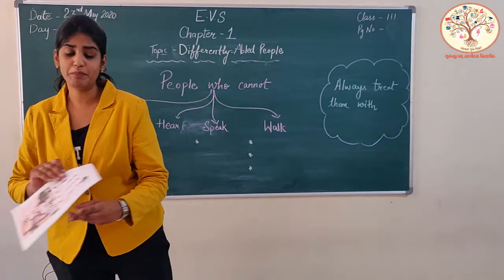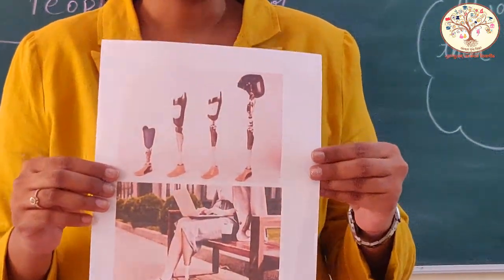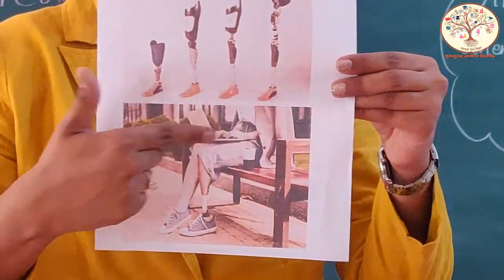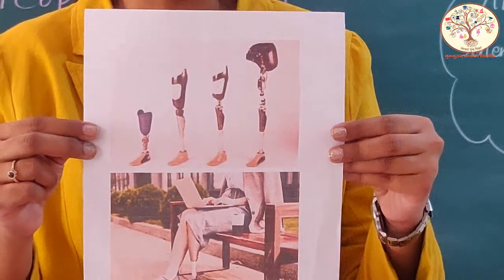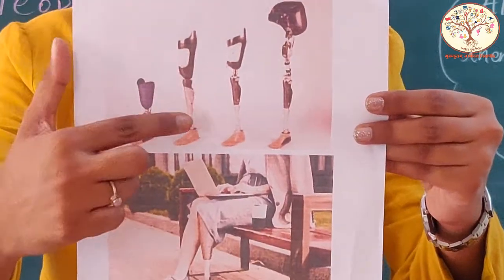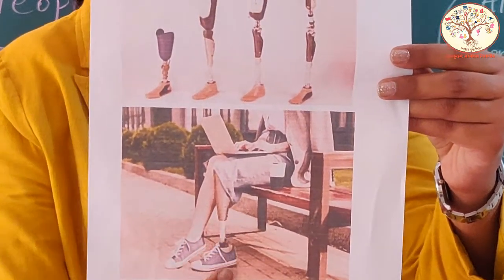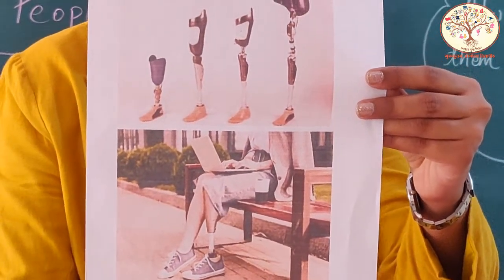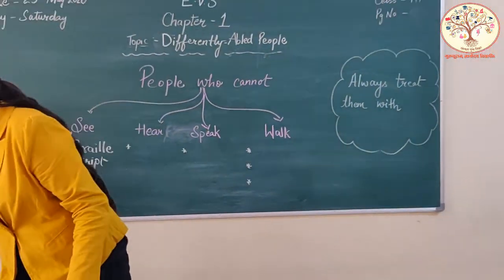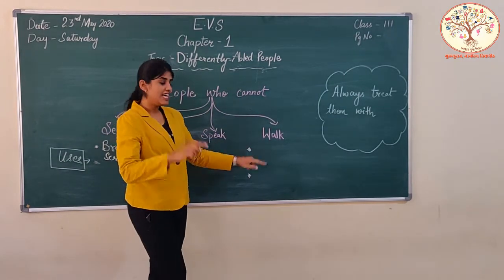Also, some people lose their limbs, hands or legs, in an accident. So what do they use? They use artificial limbs. See, can you see? The artificial limbs are used by the people who lose their body part.